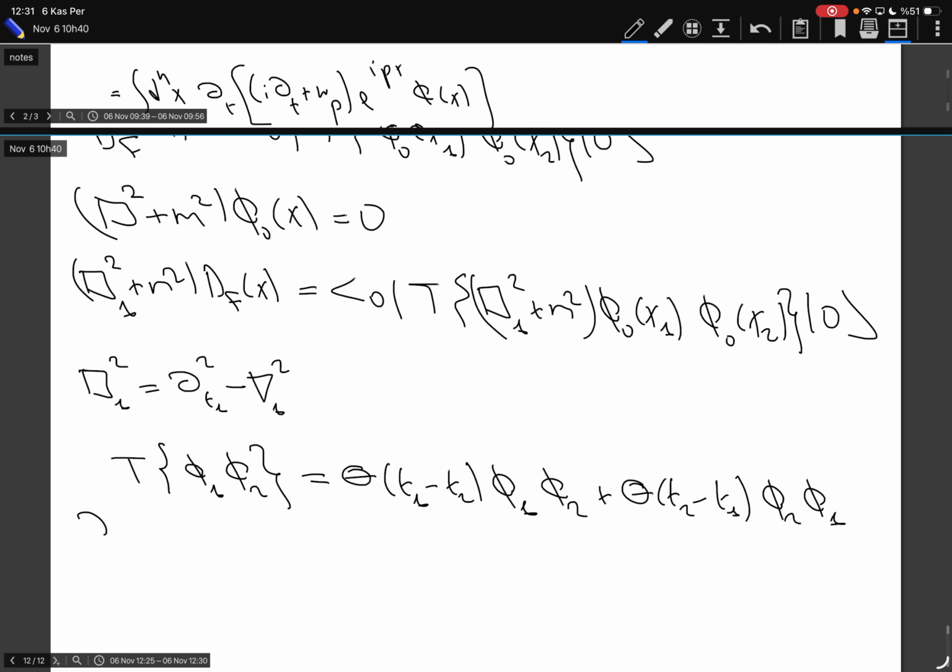Now, if I take the time derivative of this time-ordered product, okay, there is the time derivative of the field itself. But then there is the time derivative of the step functions. Well, time derivative of the step function is a Dirac delta function.